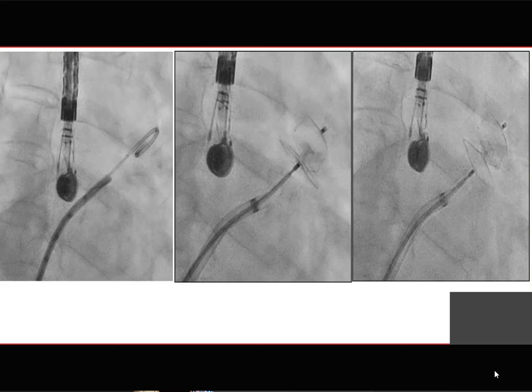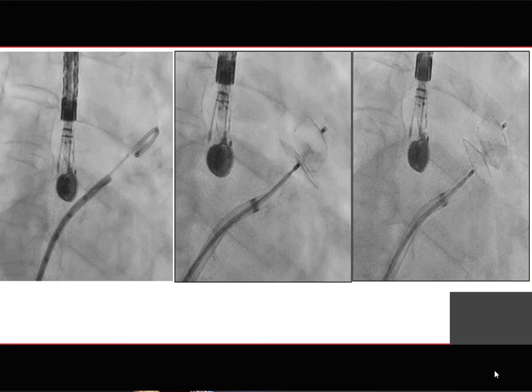Okay, what is this device? Left atrial appendage. What are the two types of devices? I am not going into the details, you can read. Two types of appendage closures are there. The Watchman device. Lariat is totally different.